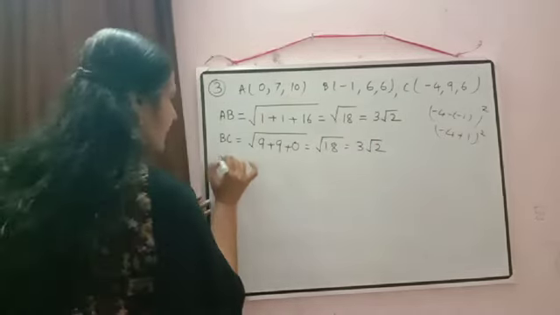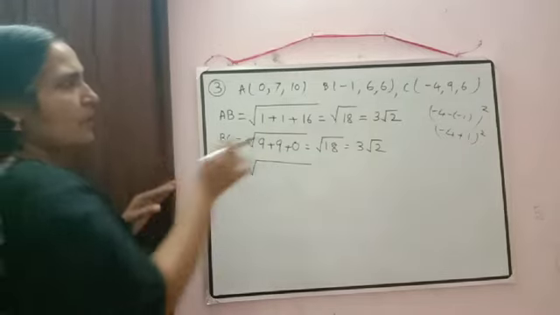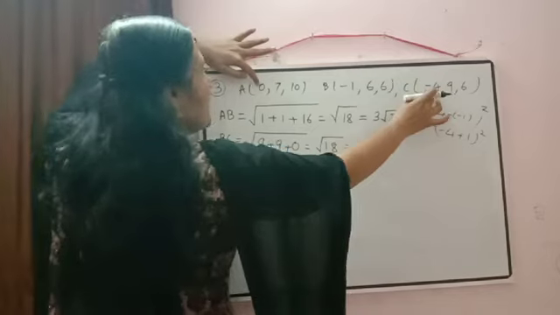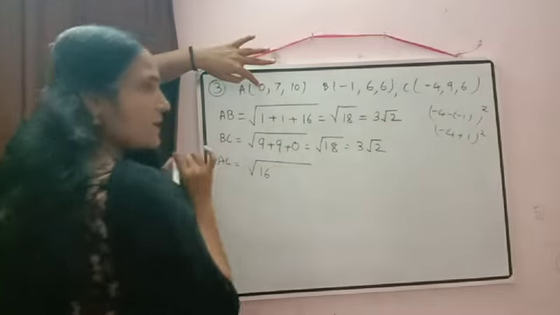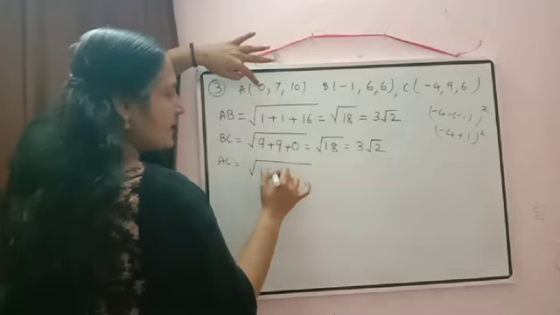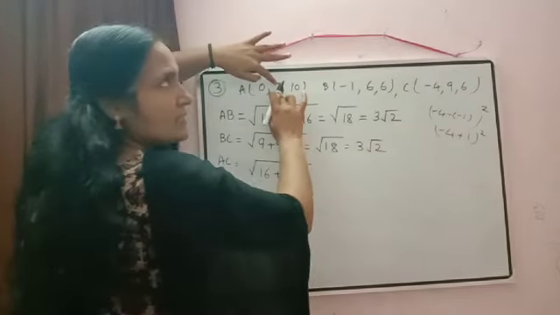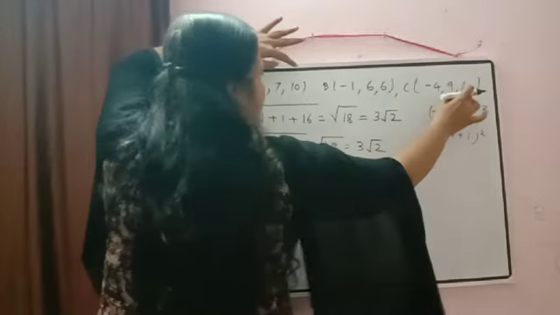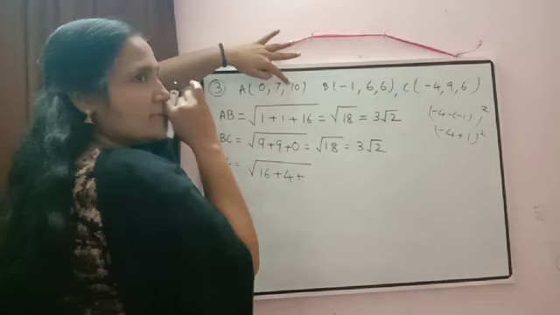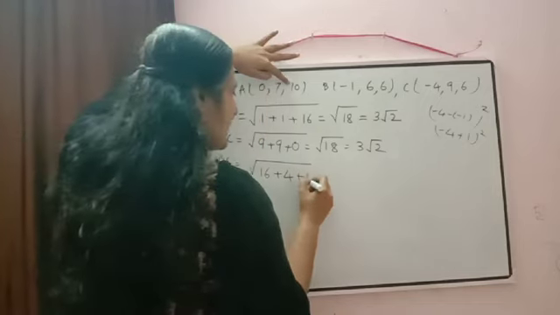Then next one, AC. AC is equal to square root of minus 4 minus 0. So that will be equal to minus 4. So minus 4 square is 16 plus 9 minus 7. 9 minus 7, 2. 2 square is 4 plus 6 minus 10. 6 minus 10 is minus 4 and minus 4 square is 16.